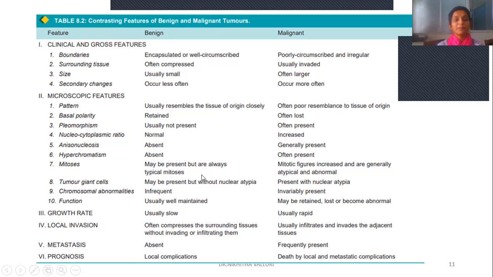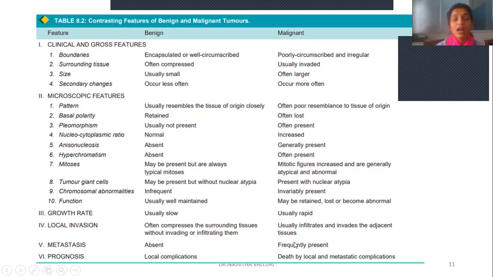Coming to growth rate, benign is slow growth and malignant tumors have rapid growth. Local invasion cannot be seen in benign; it only causes compression of the surrounding tissue. Malignant tumors cause invasion and infiltration of malignant cells into the surrounding tissue. Metastasis is usually absent in benign, but present in malignant.